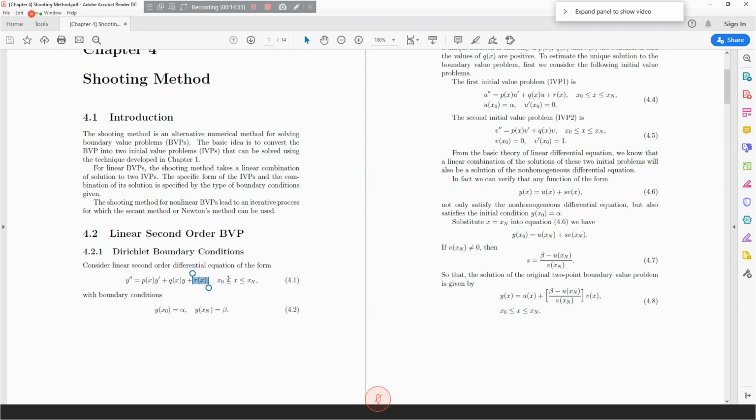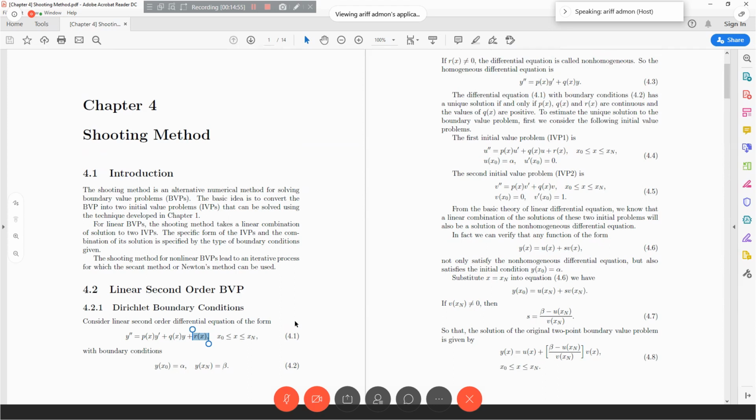You need to find y(x1), y(x2), y(x3) until y(x n minus 1), not y(x n), because this is already the solution. Generally we use the notation alpha and beta. This is very important, because some later terms also use alpha.